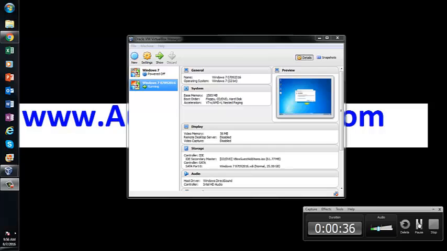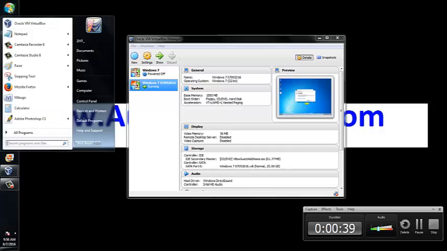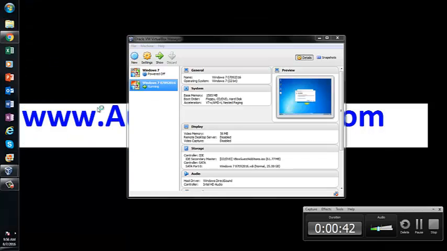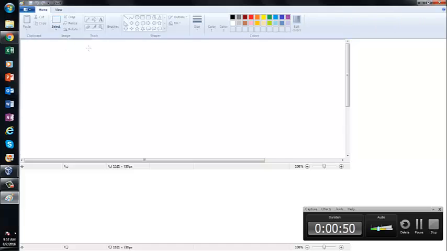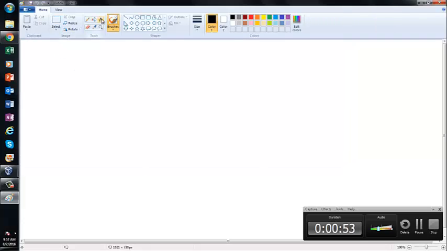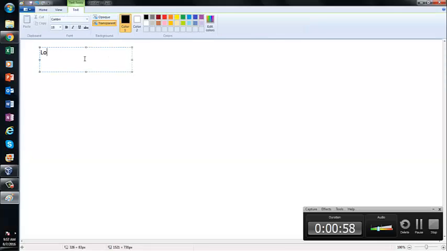Now, let me start Paint here and then draw a couple of... We already discussed these logical operators: and, or, not.